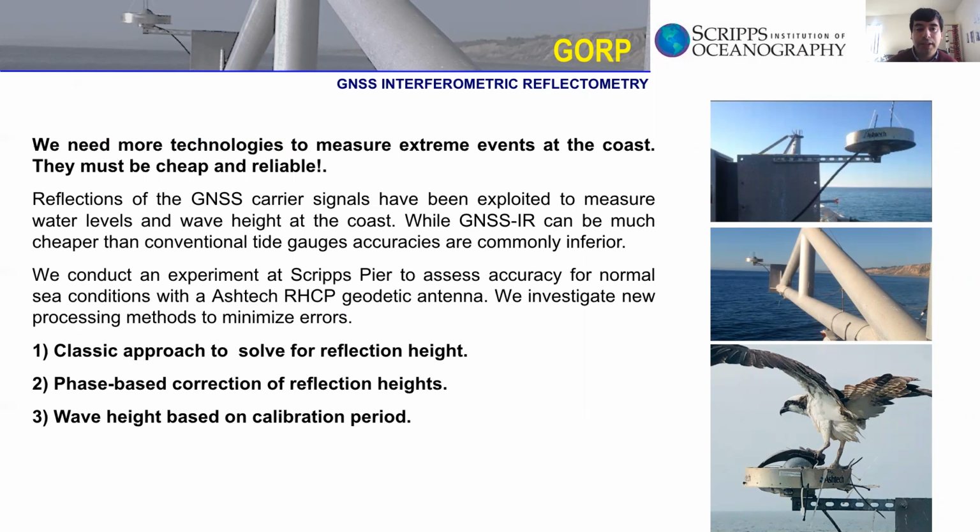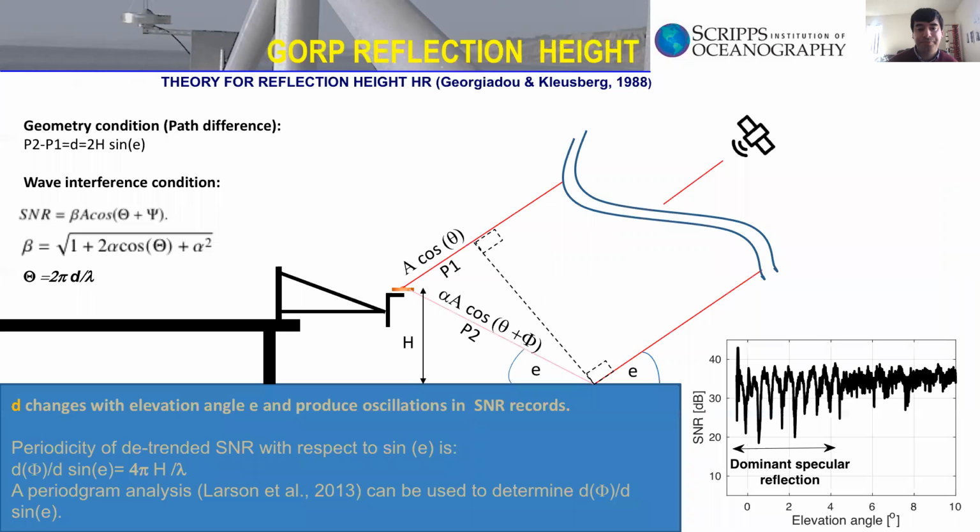So what we are doing in this project is testing the technique at Scripps, analyzing the sources of errors of this technique when measuring water levels and significant wave height, and finally trying to optimize the technique in order to reduce the errors.